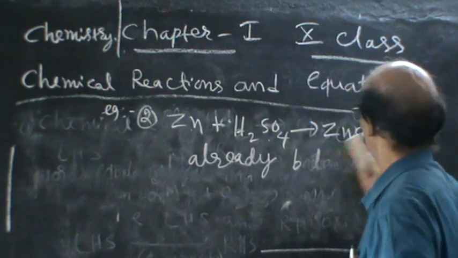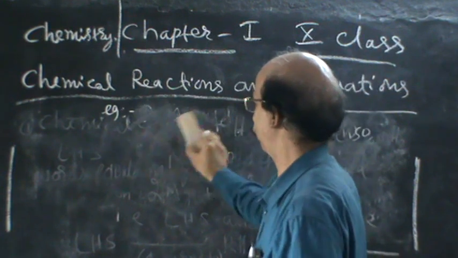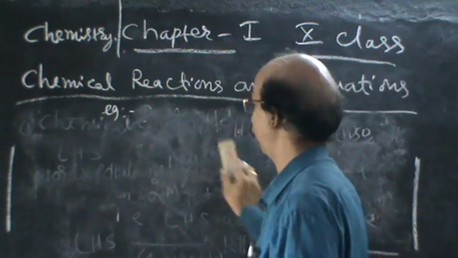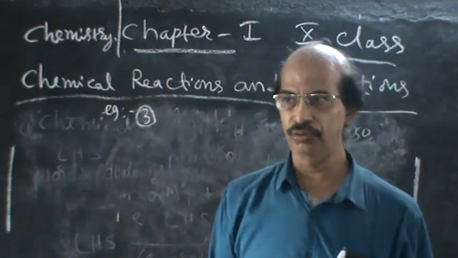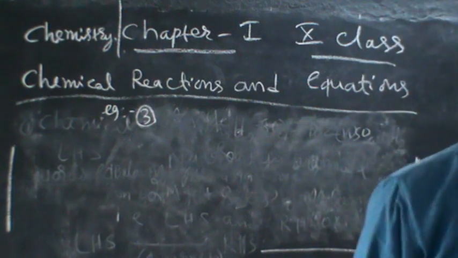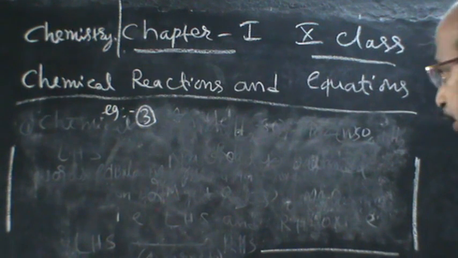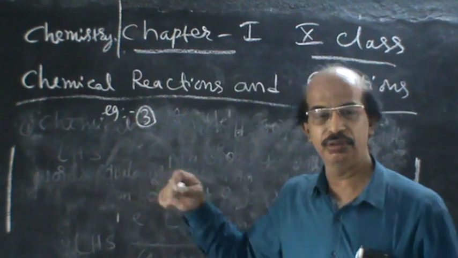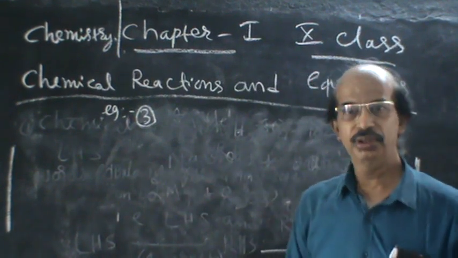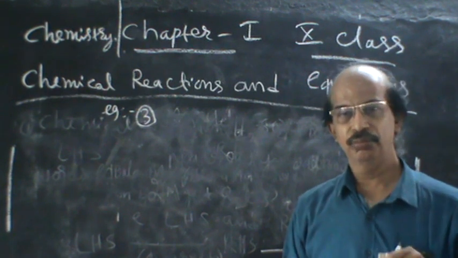Let us try one difficult equation. Third example, example 3. Rules are the same. For balancing, the rules one cannot change. In the examination, though you get the answer in many steps, 2-3 steps, the examiner will always see the final step only, not the middle steps.